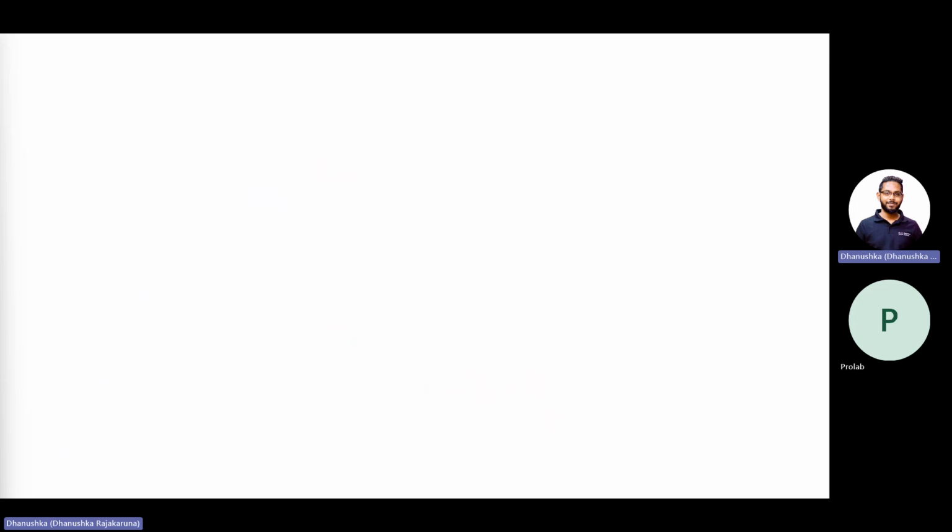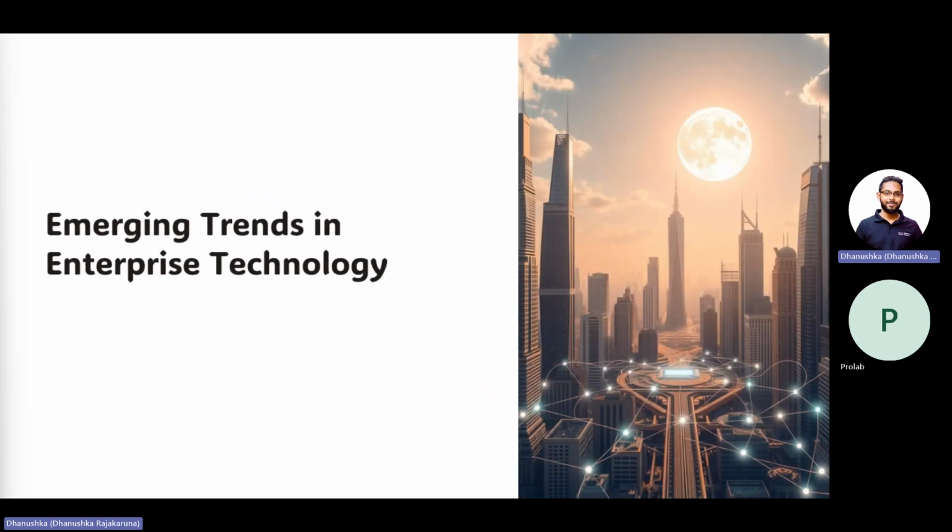So next, the last main topic will be emerging trends in enterprise technologies. What are the emerging trends in enterprise technologies?